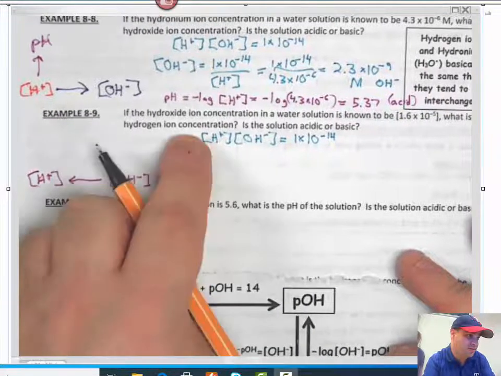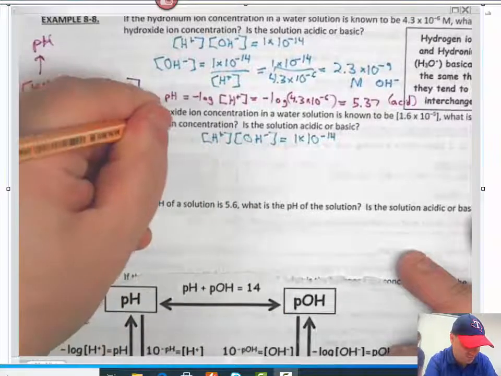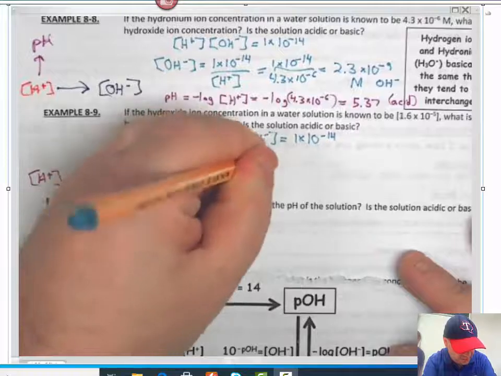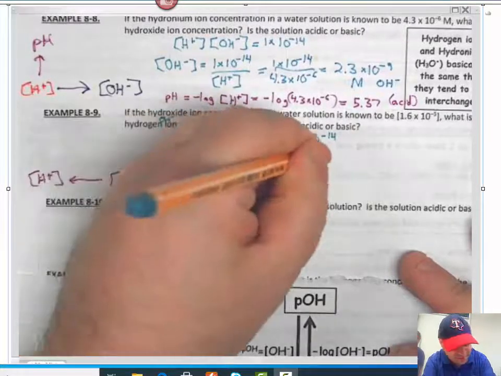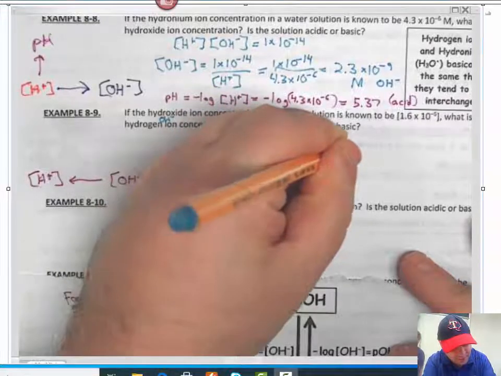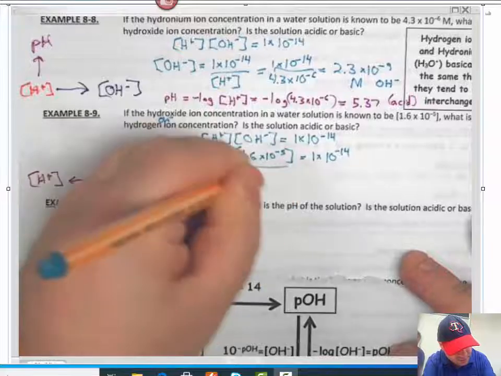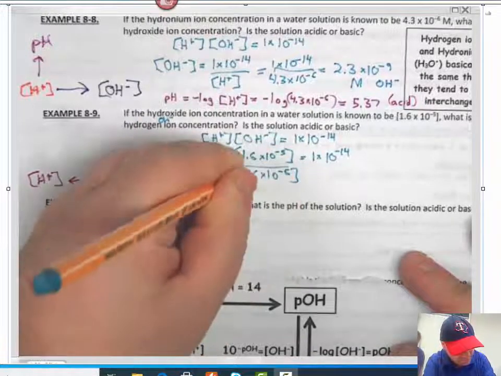Okay, so this is hydroxide ion concentration. That is OH minus. Okay, so that is going to be 1.6 times 10 to the negative fifth. Sometimes you see me plug in the numbers directly. I usually don't do that, but I did for this one because we're going to end up dividing by 1.6 times 10 to the negative fifth for this one.